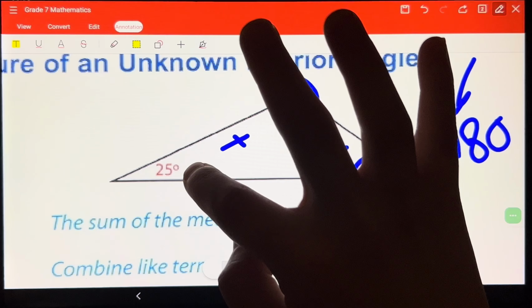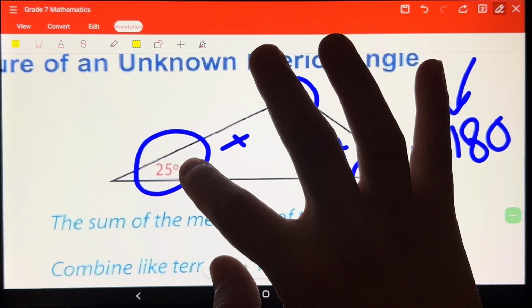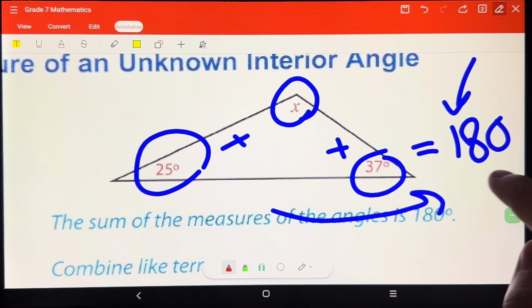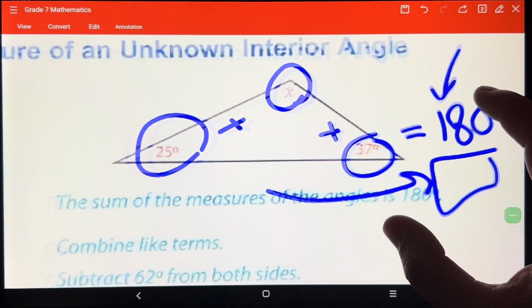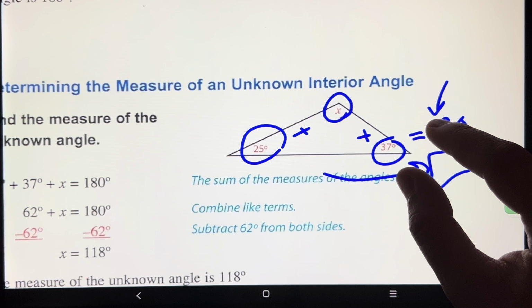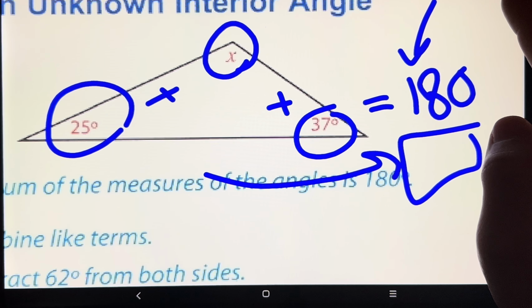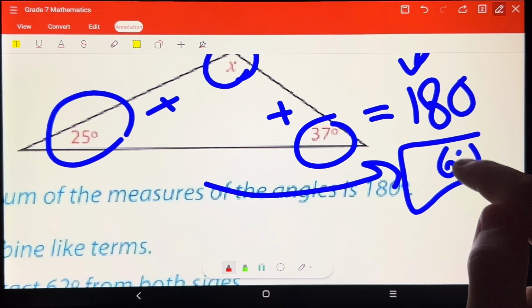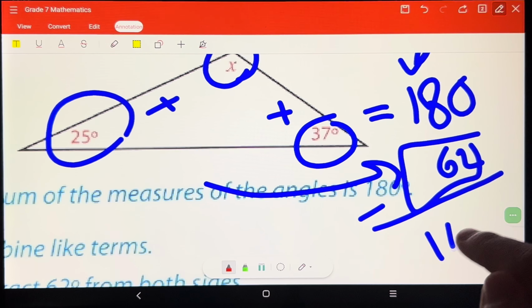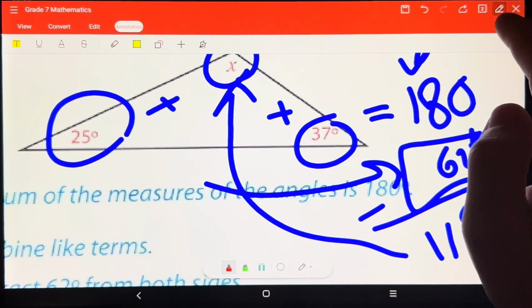You add up 37 with 25 and get 62. Then subtract that from 180, and you will get 118. That's the missing angle.